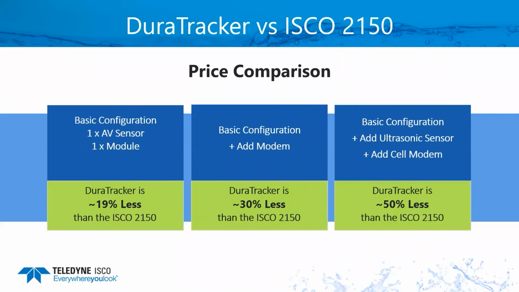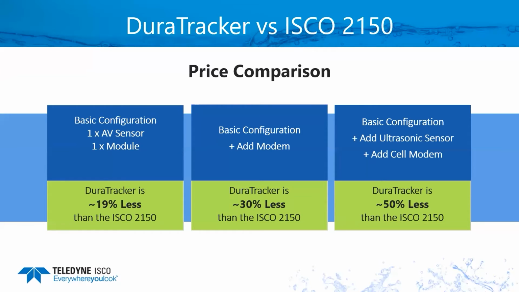All right, price comparison, just to give you an idea, because we are eliminating a lot of the overhead as far as some of the materials. The DuraTracker in a basic configuration, which is a standard area velocity sensor, is going to be about 19% less than the 2150.